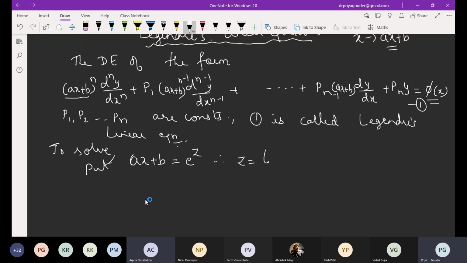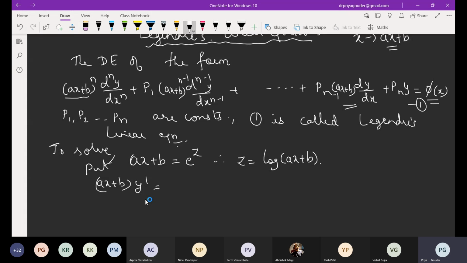Now what is z from this? Log of ax plus b. Very good. Now again the same thing. I have to start with the first order. First order you have ax plus b into dy by dx, I can call it y dash. Now what do you expect the value of this? Recall x into dy by dx.